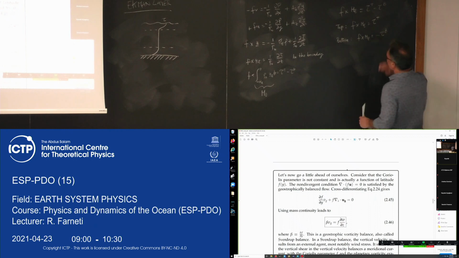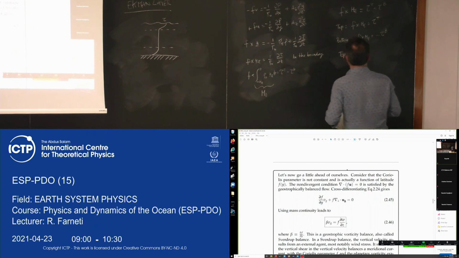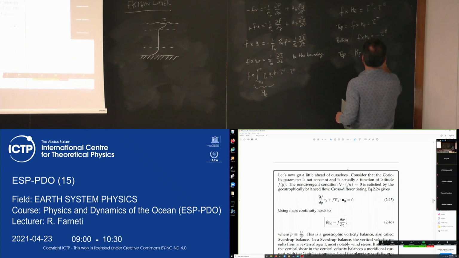Now if you rearrange this to make it clearer, what you get is that the total mass transport here at the top is 1 over f, unit vector k cross tau at the top.